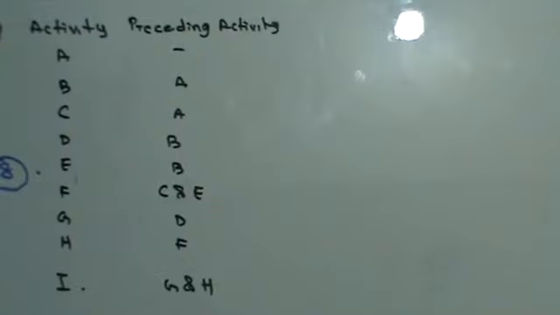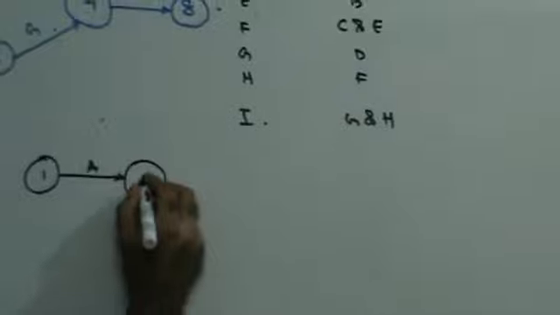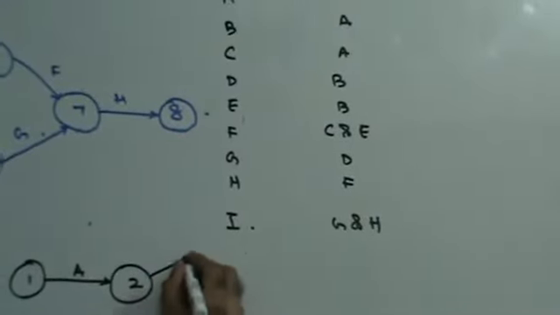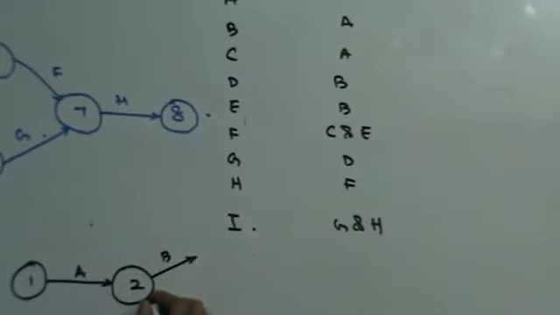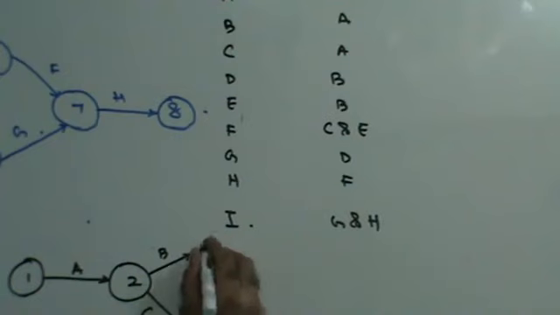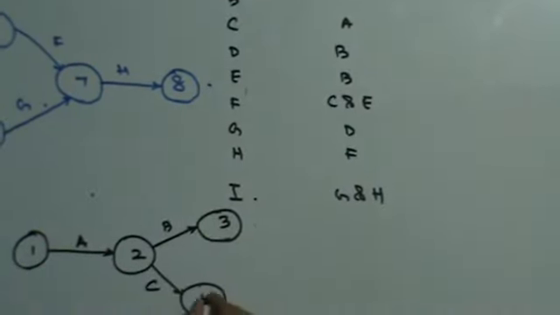Let's see this. You have event 1. I'm drawing this diagram here. Activity A. There's nothing preceding A. That gives rise to event 2. Now from A you have activity B and from A you have activity C. 3 and 4.